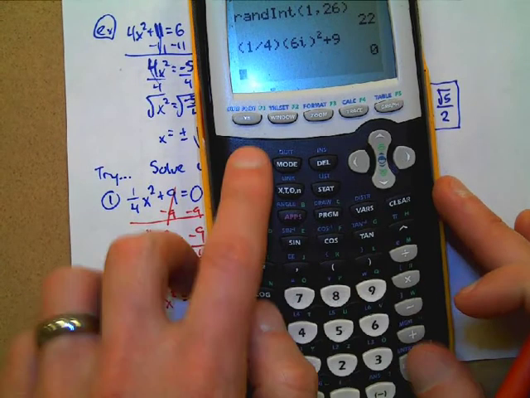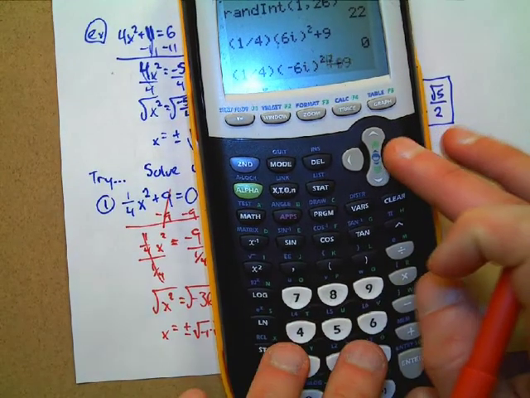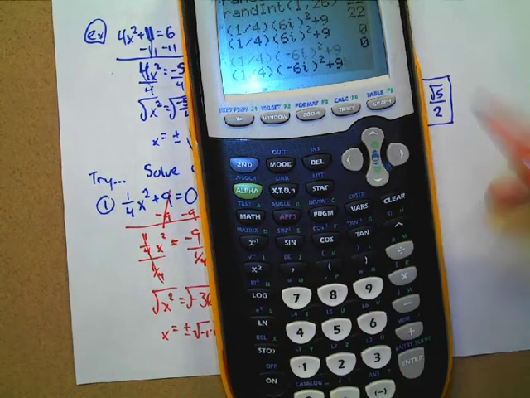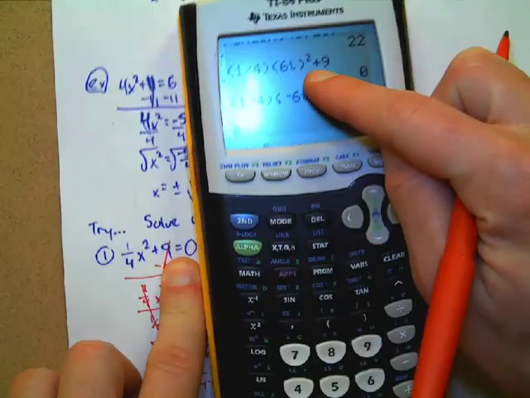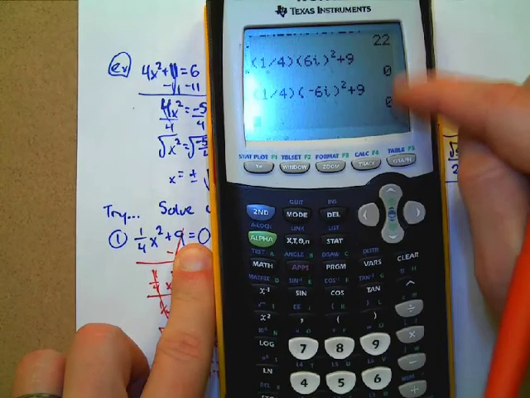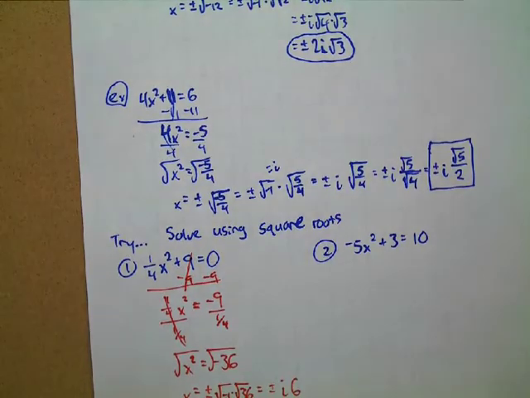And then if I do the same thing, but now I make it a negative 6i, because our answers are positive 6i and negative 6i, we also get 0, right? And so that makes the equation true. Both a 6i and a negative 6i make our equation 0, which is what we're supposed to equal. So you want to put all your solutions in.